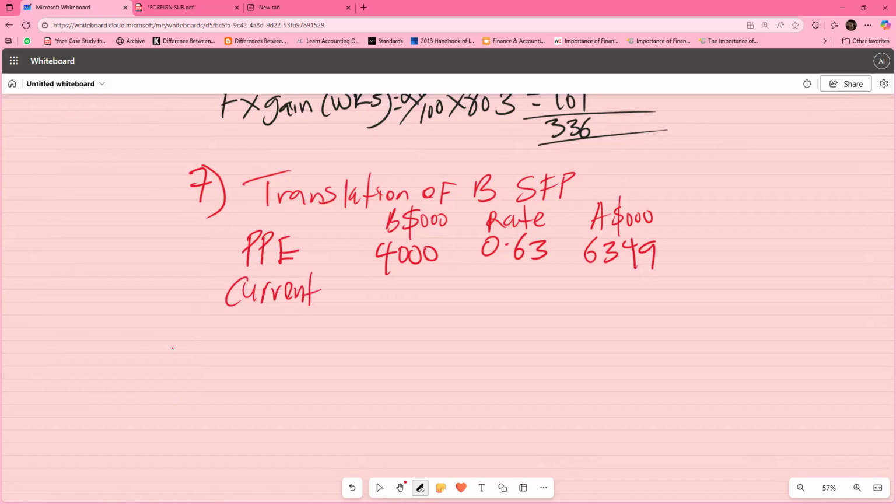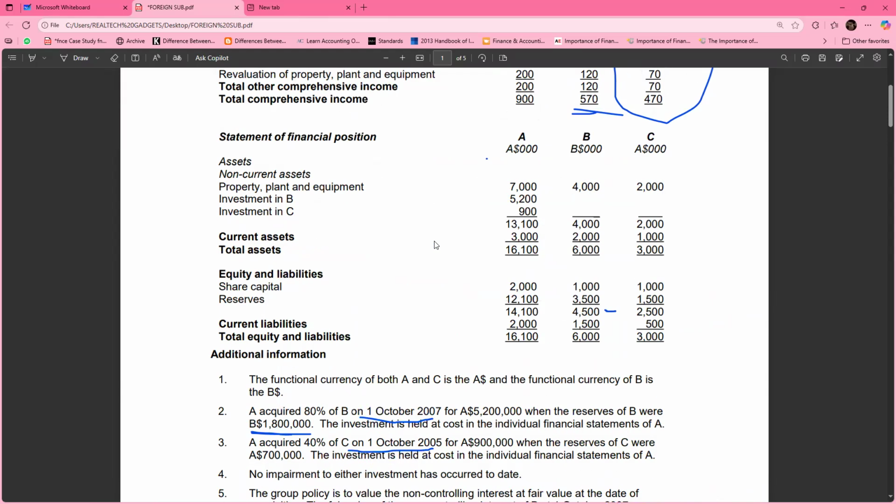Then the next one is the current asset, which is 2,000.